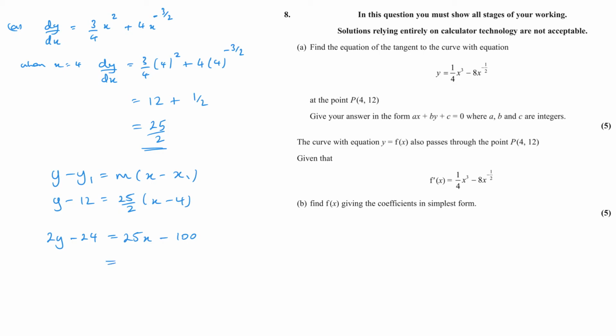Now because it's ax plus by plus c, I always take it to the side where x is positive. So that in this case is the right hand side, so 25x minus 2y minus, now I'm adding the 24 on, so it's minus 76, and that equals 0.